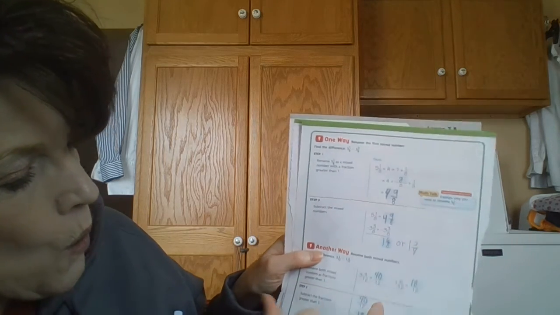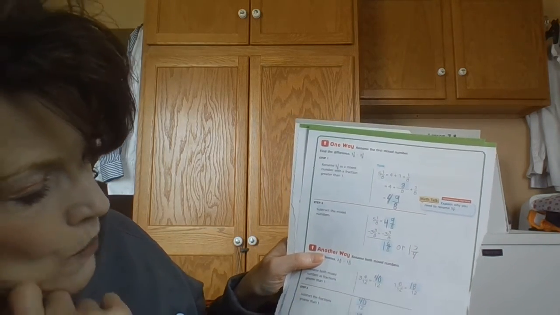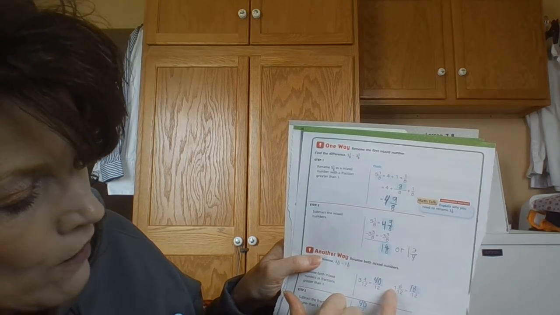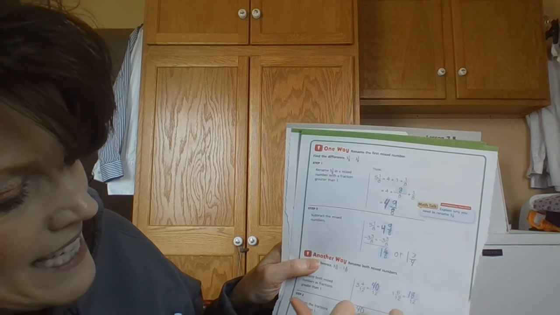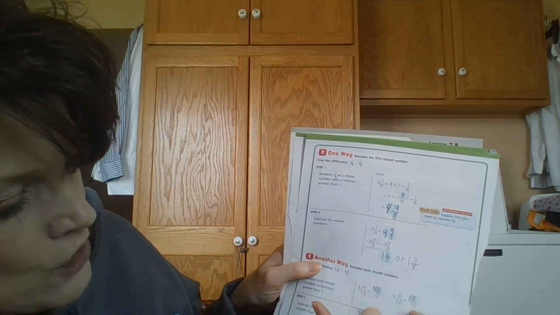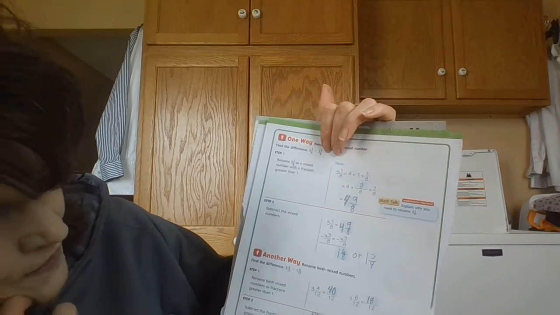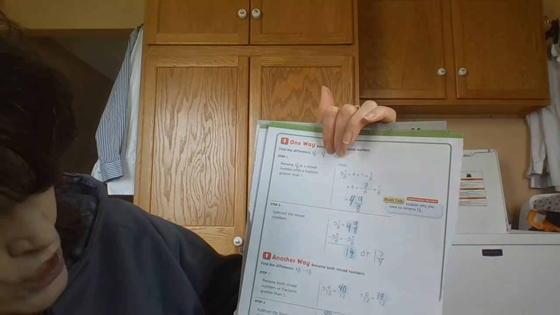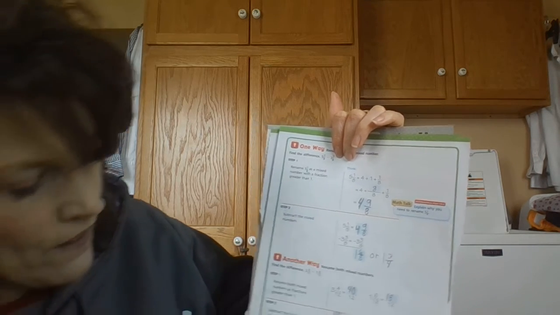So 1 and 6/12, 12 times 1 is 12, plus 6 is 18. So 1 and 6/12 becomes 18/12. Then they take 40/12 minus 18/12 and they get 22/12.